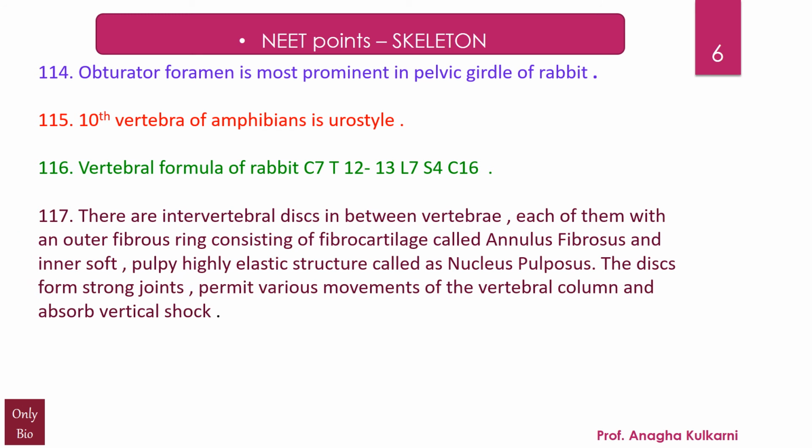Next, there are intervertebral discs in between vertebrae, each of them with an outer fibrous ring consisting of fibrocartilage called as annulus fibrosus and inner soft pulpy highly elastic structure called as nucleus pulposus. The discs form strong joints, permit various movements of the vertebral column and absorb the vertical shock.